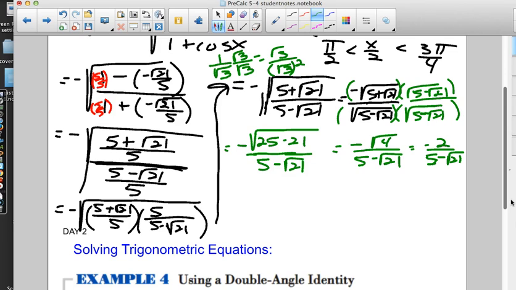Now the problem is we still have a radical in the denominator, but at least it's only 1. So the first step to get rid of these square roots over the entire fraction is just multiply by exactly what you have in the denominator, and that'll get rid of them. So now we're here.